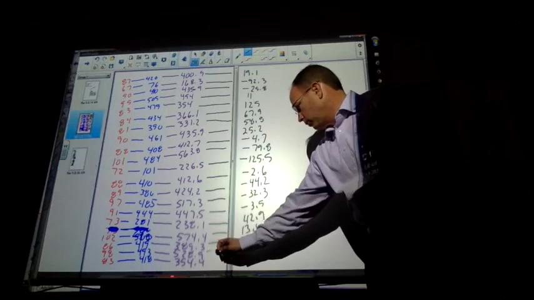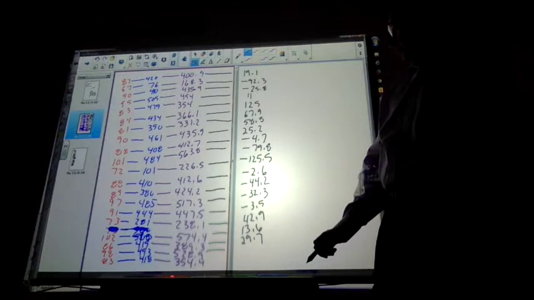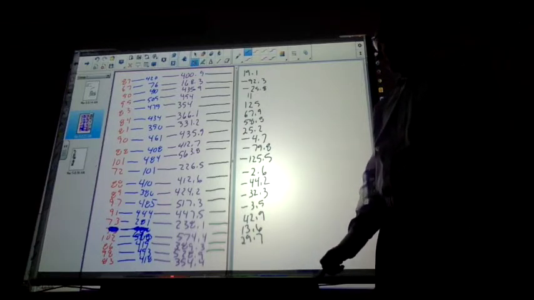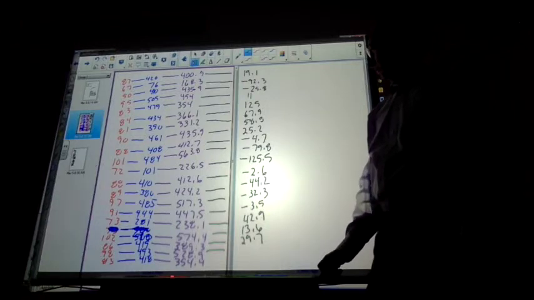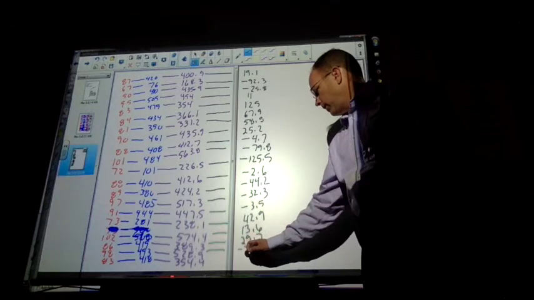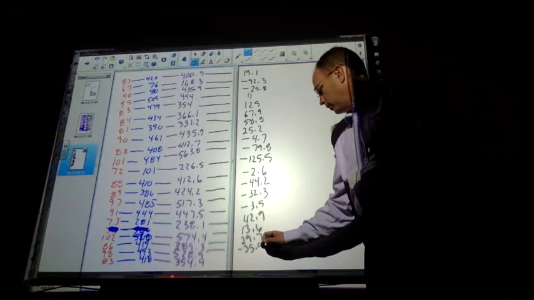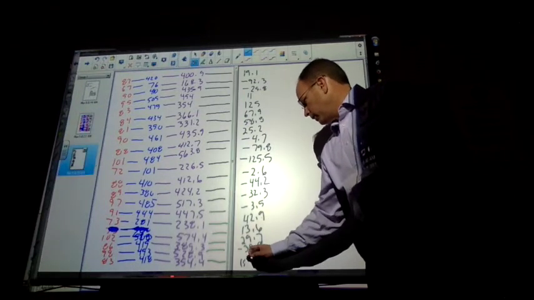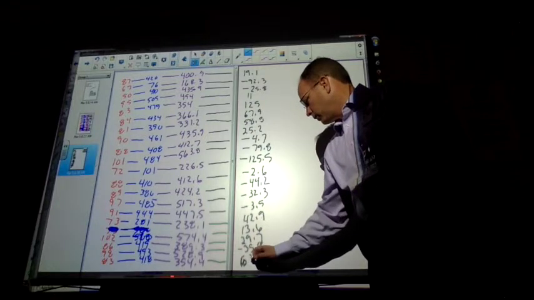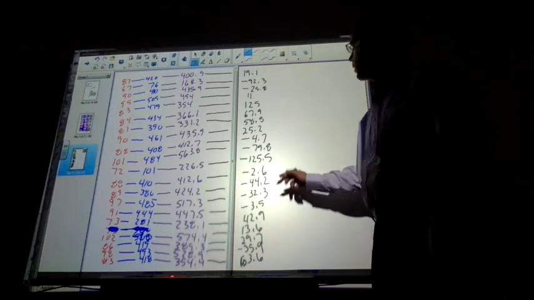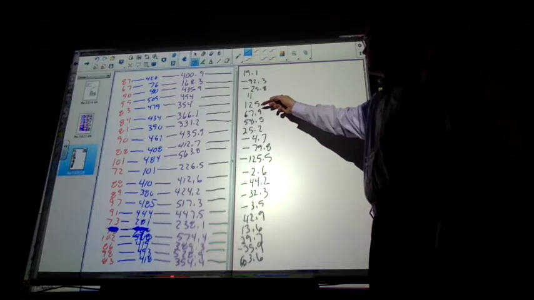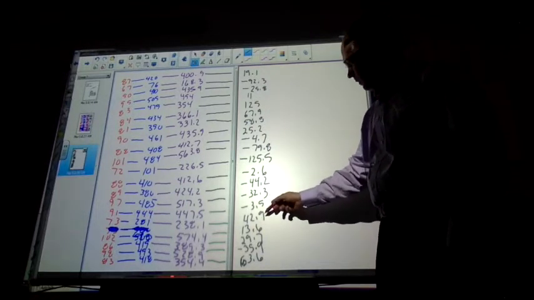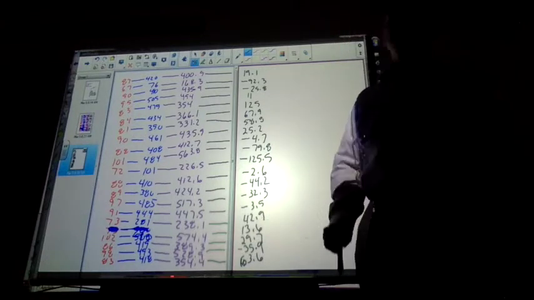Almost there. Two more. Negative 35.9. And the very last one, please. 63.6. I missed one? 1, 2, 3, up to 20. Okay.